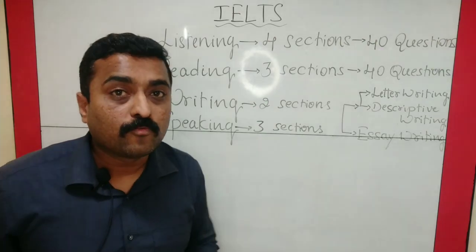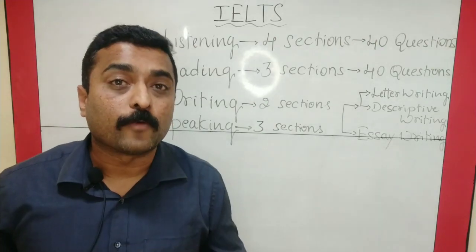So these 4 skill sets are evaluated in this test. I'm going to give you a complete idea about how this test works and what skill sets they are going to evaluate through the set parameters.